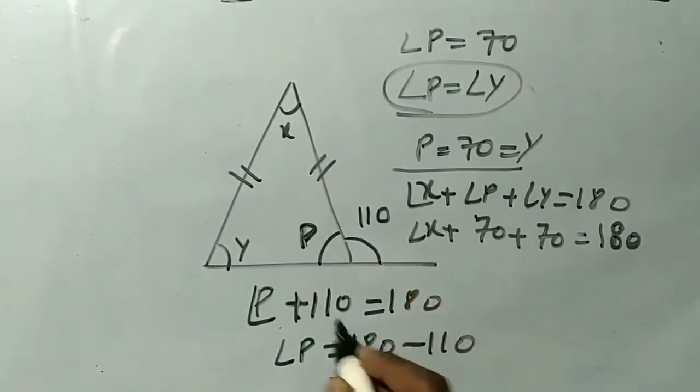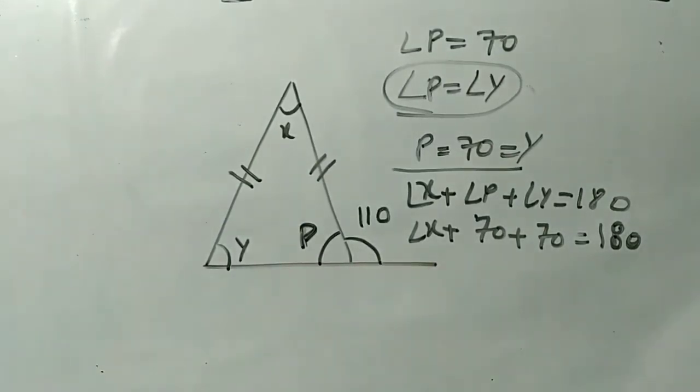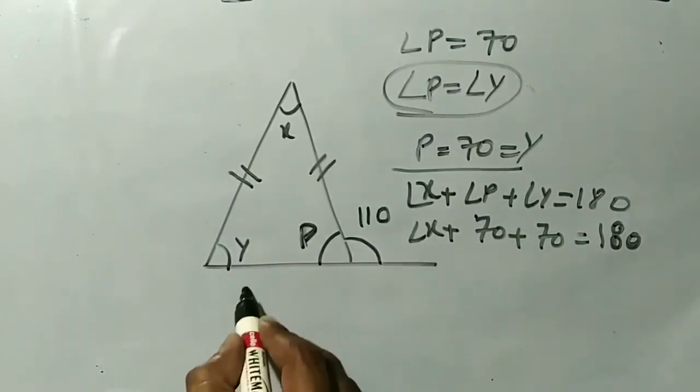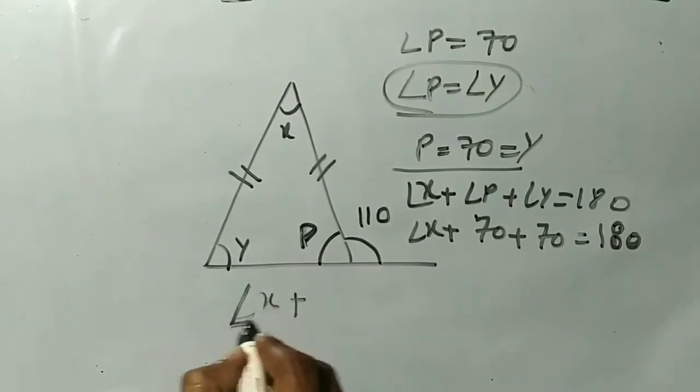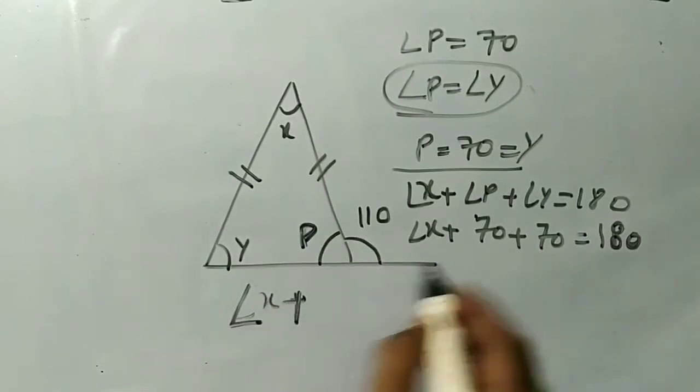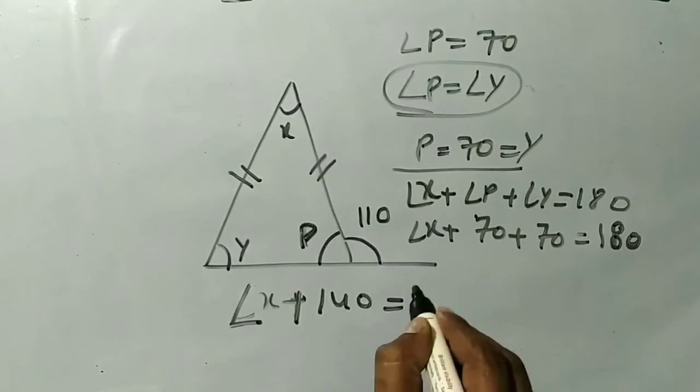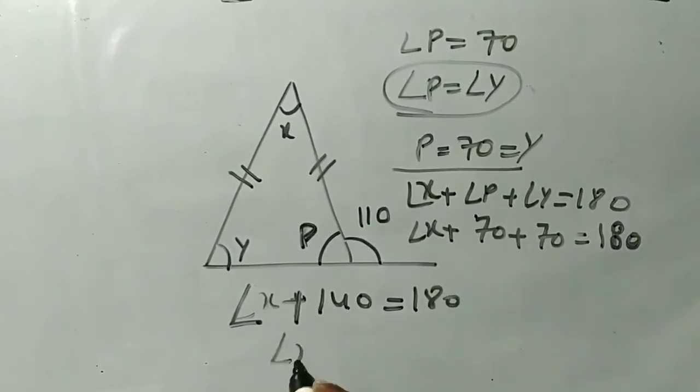So I will erase this here. Angle x plus 70 plus 70, that is 140, is equal to 180. Then angle x is equal to 180 minus 140. So angle x is equal to 40.